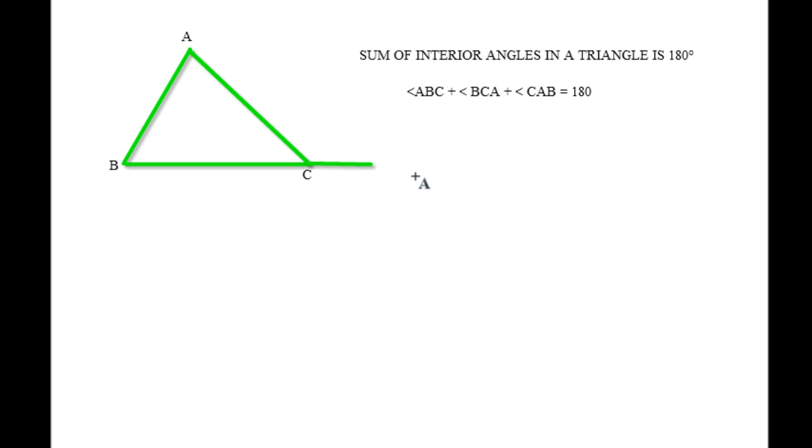Okay, and I am using the less than sign just because it looks like the angle sign in there.